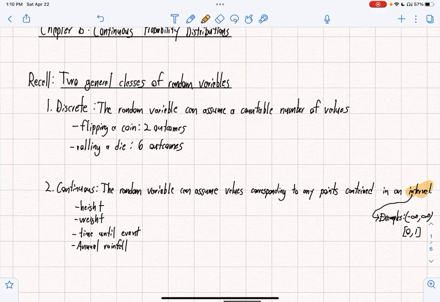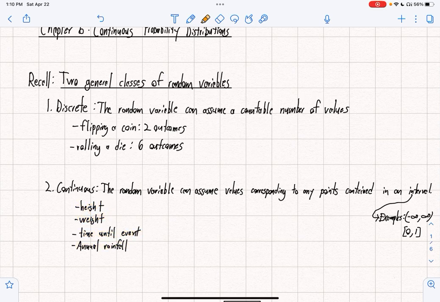So just two quick examples here. This is negative infinity to infinity, so that's like truly any values. Or we could limit ourselves to just the values 0 and 1. That'll really just come from the context of the problem in terms of what interval we're talking about. Some examples: we could measure the height of people, the weight of people, time until some event, say annual rainfall.